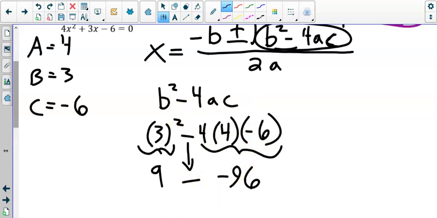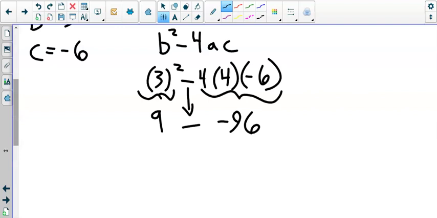So what is 9 minus a negative 96? 105. Because what happens with 2 negatives by each other? Becomes positive. So it's 9 plus 96, that's 105.